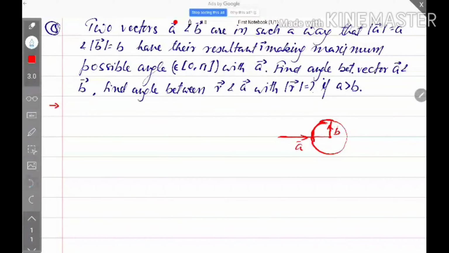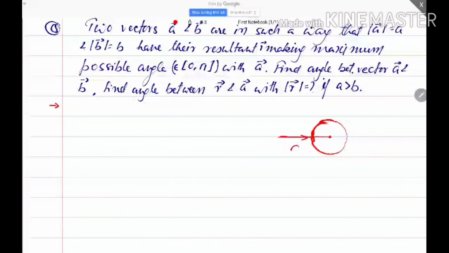For alpha to be maximum, what do we have to do? We have to take the resultant as a tangent. Then if this resultant is a tangent, alpha is the maximum possible value, and for this vector B must be perpendicular to R. Now let us check.